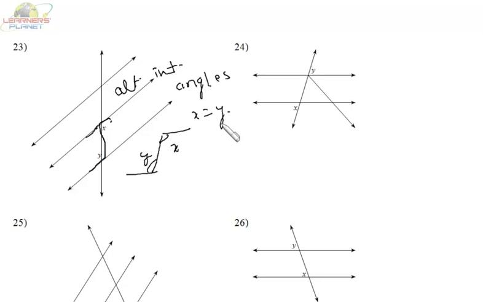Angle x will be equal to angle y. Here y and x, both of them are on the opposite side of this transversal and they are lying on the exterior of the parallel lines. So further angle x is equal to angle y, and both of them will be alternate exterior angles. Clear?